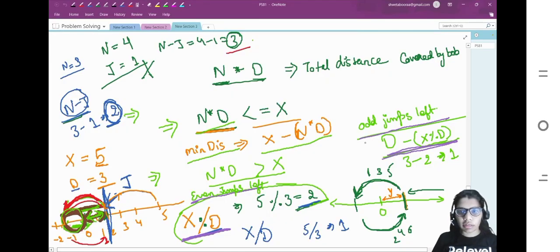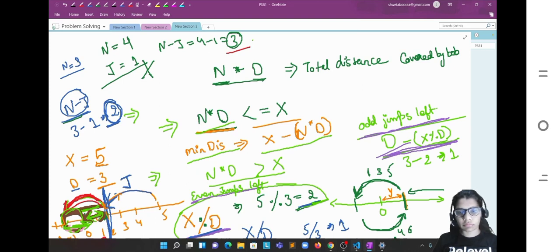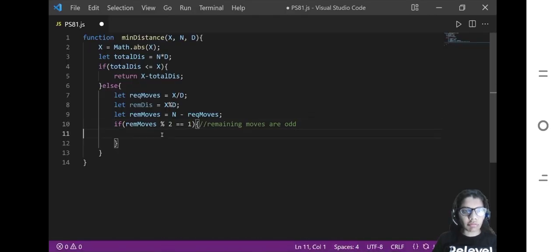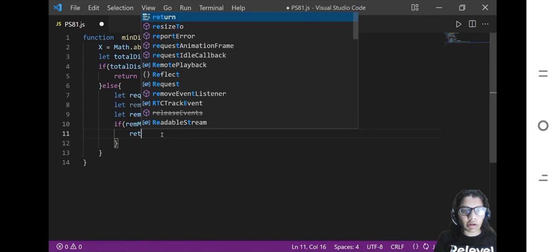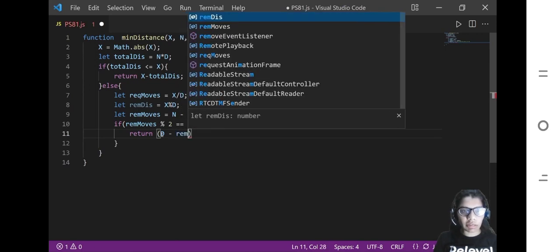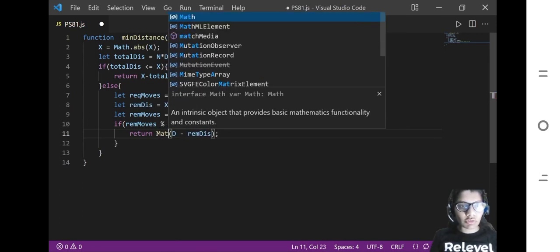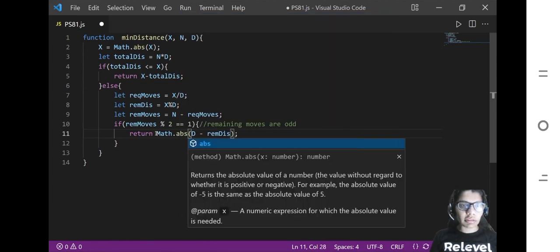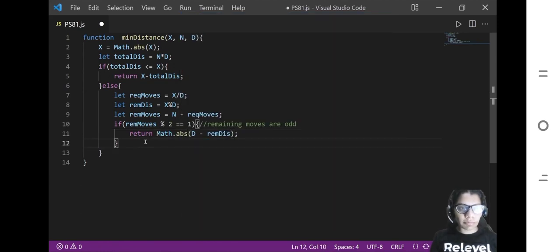As we have seen here, in case of odd number of remaining moves, we have subtracted this remaining distance from the distance of one step. So here we can do the same. We can say your answer would be distance of one step minus your remaining distance, and as distance would always be positive, we will return the Math.abs value of it.